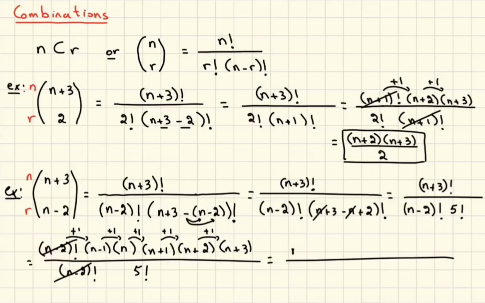No need to expand. If you want to do that, that's totally fine. If you want to write the n at the beginning, that's also totally fine, because as I said, multiplication is commutative.